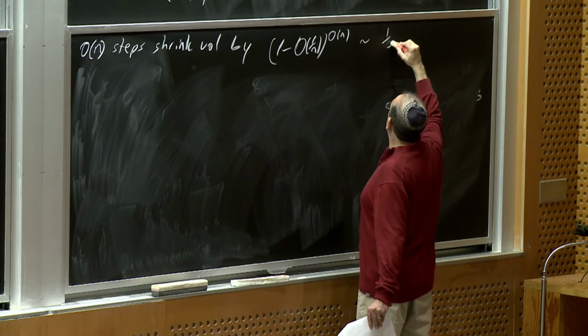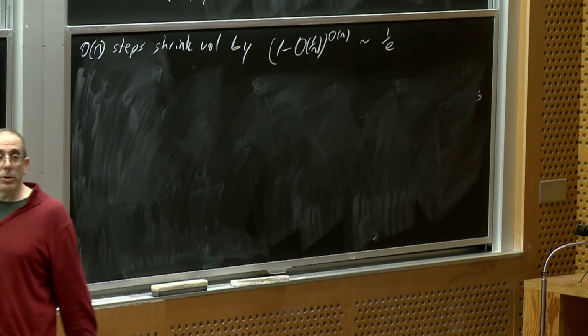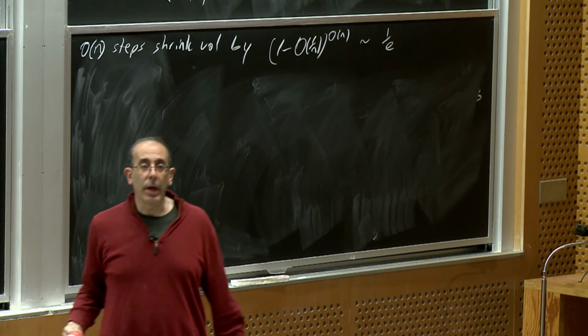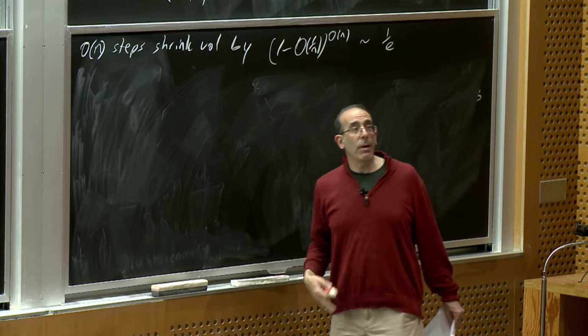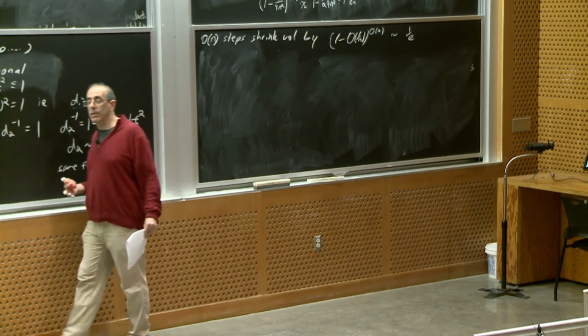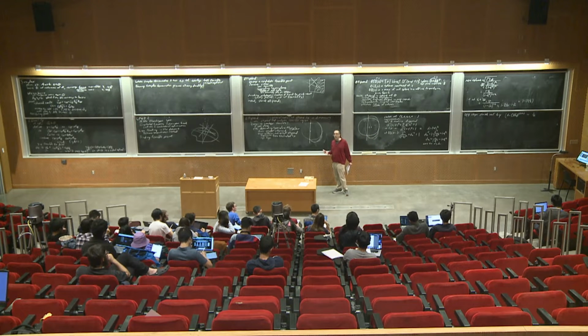So if you set your constants properly, order n steps will shrink the volume by a constant factor. Now we're done with the improvement step. We need to plug this into the whole algorithm, which talks about starting and finishing, but I'll do that after we break. Are there any final questions about this improvement step?